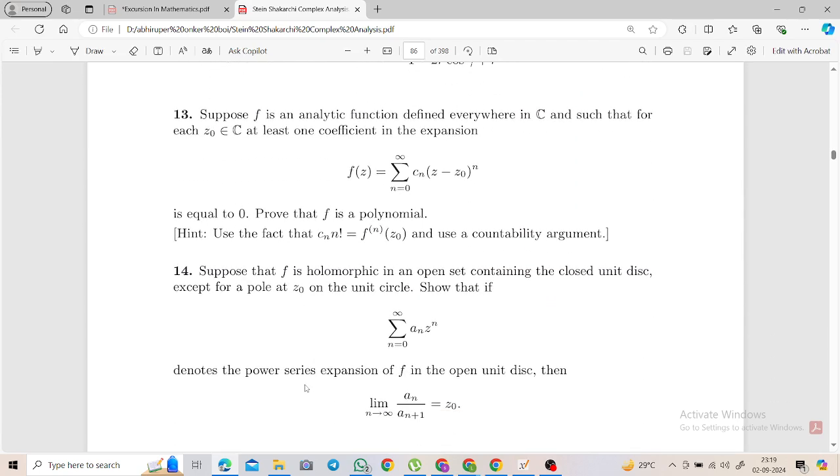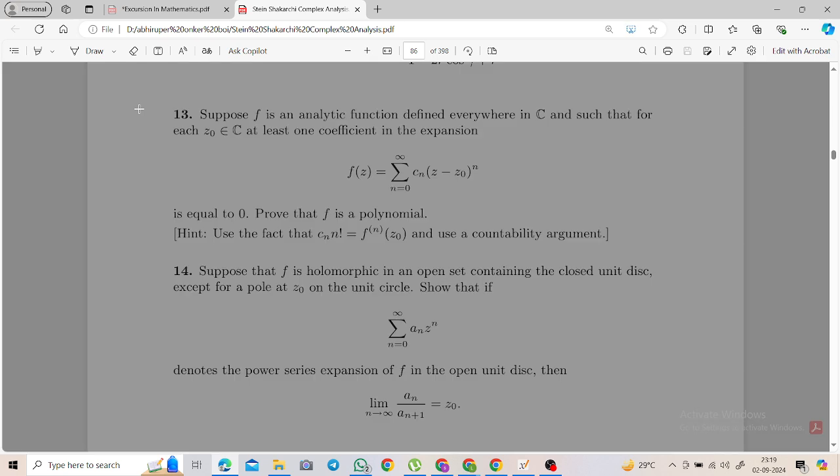Ah, this is a very good problem. Okay, so this is a very, very important problem.